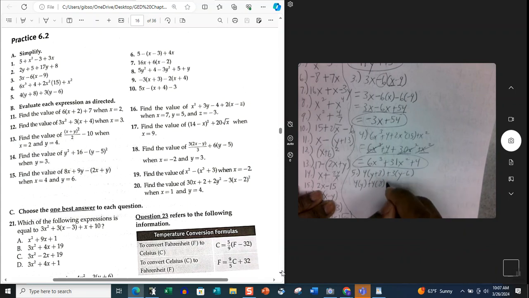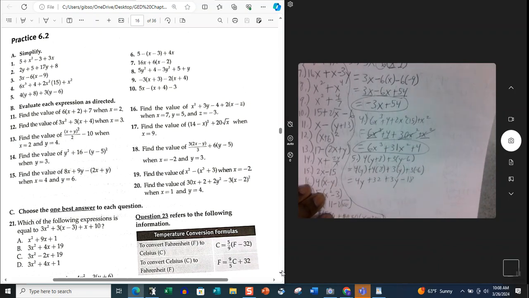Now we will have plus 3 times y plus 3 times negative 6. So now we multiply. 4 times y is 4y. 4 times 8 is 32. 3 times y is 3y. And 3 times negative 6 is negative 18.